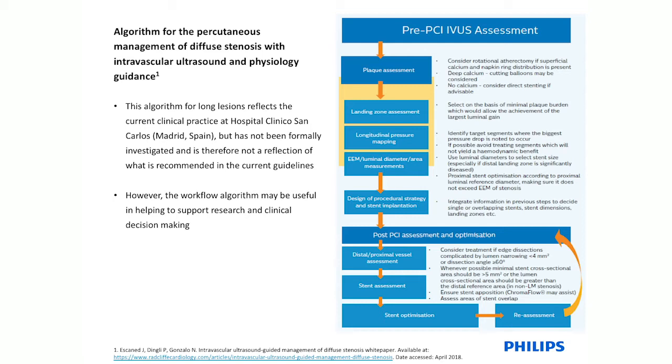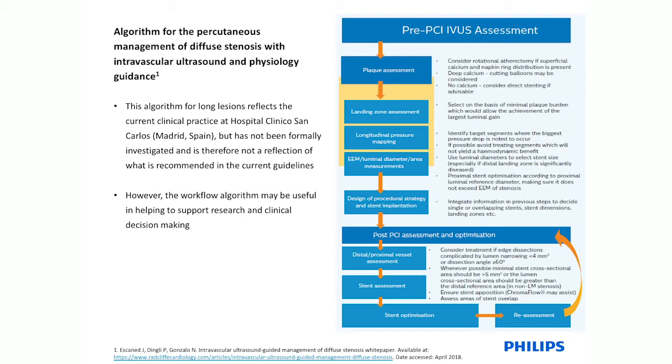It reflects as much as we can all the evidence that we have obtained from the bibliography, but in a way, again, it is simply something that we would like to share with you. It has not been formally tested, and actually I do not believe that these types of algorithms will ever be able to be tested, because it is extremely difficult to obtain evidence on how an algorithm of these characteristics truly modifies the long-term outcome.